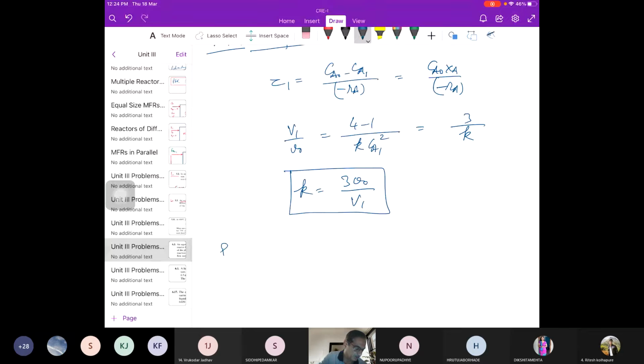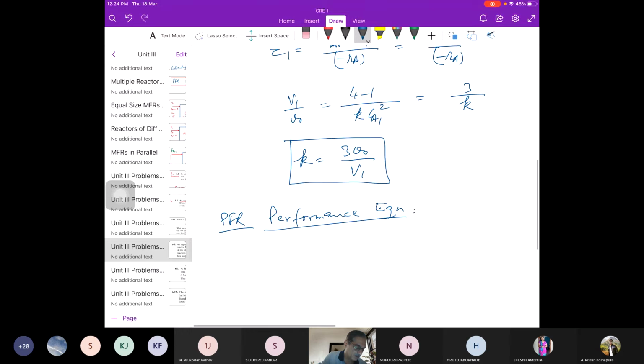So next we'll go to PFR. What is the performance equation of PFR? What equation will we use? Who can tell me the equation to be used for PFR?